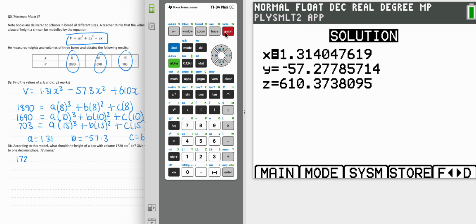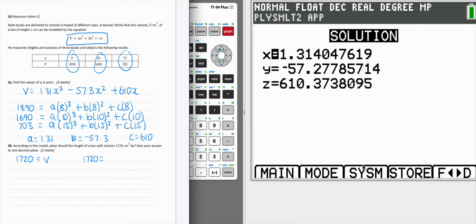So 1720 is my volume. So 1720 is equal to, and we're now going to, let's go back to here. We've got 1.31 x cubed minus 57.3 x squared plus 610 x.